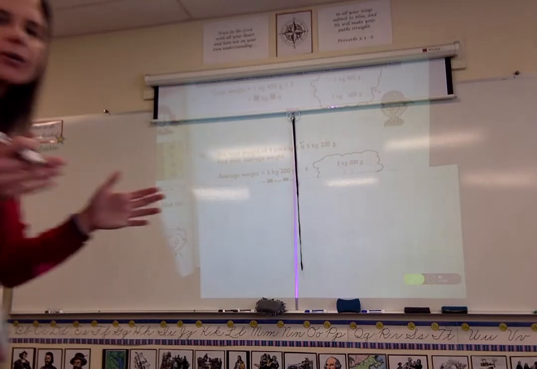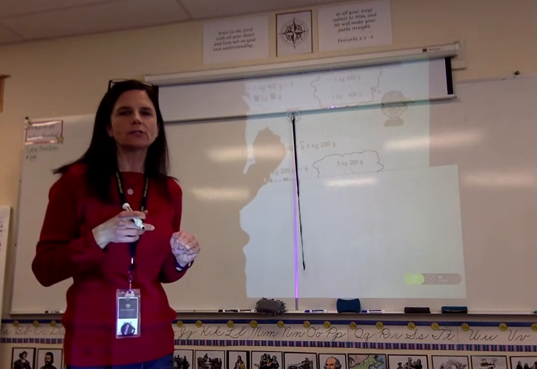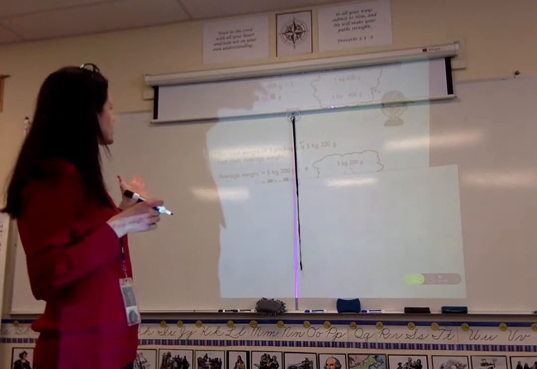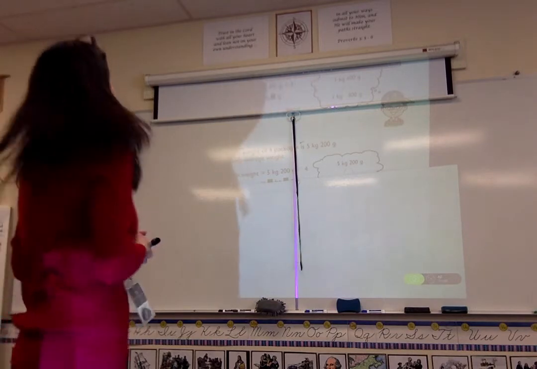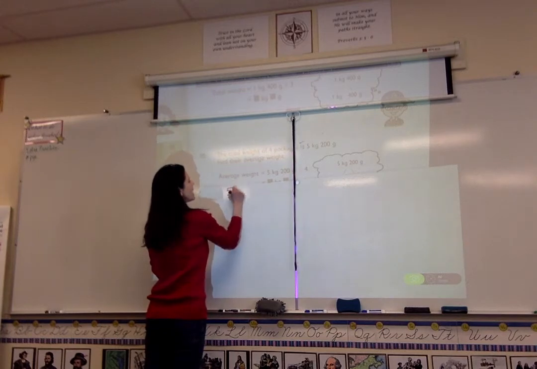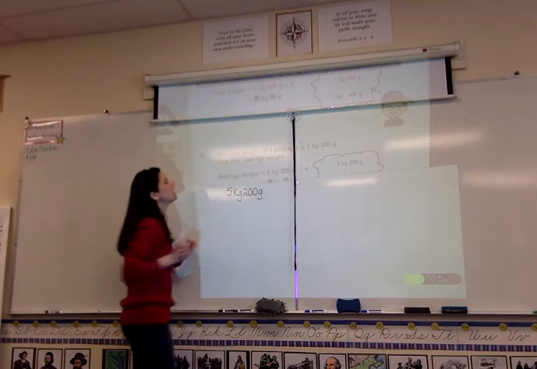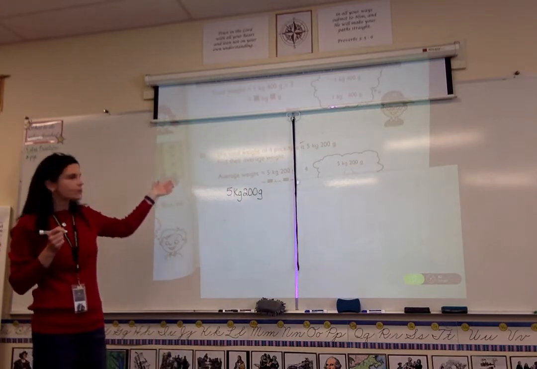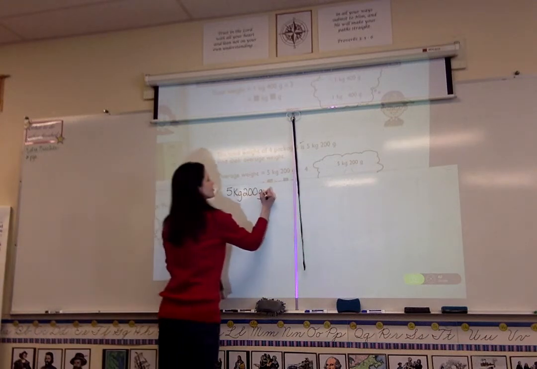Okay, so now we're calculating average, but again, we have compound units. So remember, the average is the total divided by the number of items. So the total weight is 5 kilograms, 200 grams. I'm going to divide that to find the average by the number of items, and that would be 4 packages.